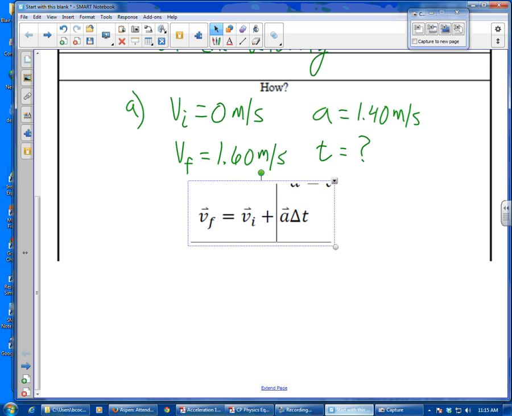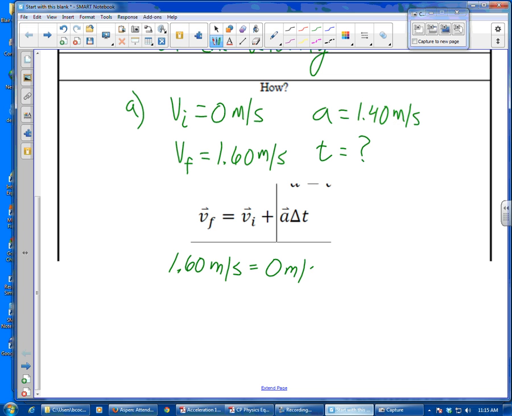So now, substituting into that, my V final is 1.60 meters per second. My V initial is 0 meters per second. Plus my acceleration is 1.40 meters per second squared. And I don't know my time.